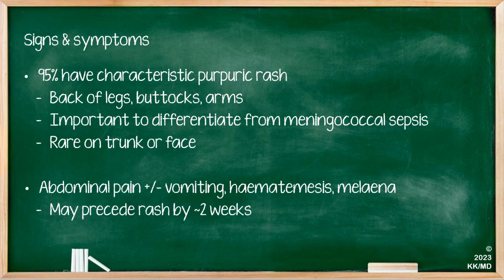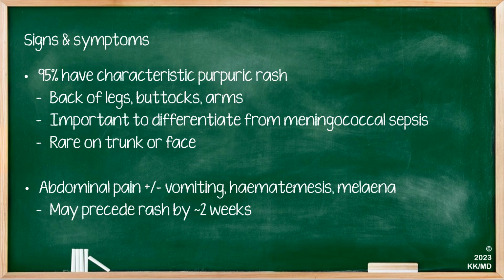In terms of its signs and symptoms, the most characteristic sign is the purpuric rash that occurs in about 95% of cases, and it classically covers the back of the legs, buttocks and arms. The important differential diagnosis to make in a question vignette would be meningococcal sepsis.